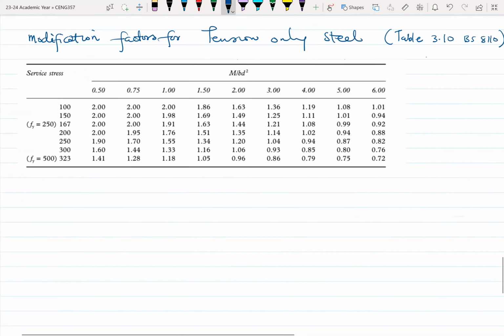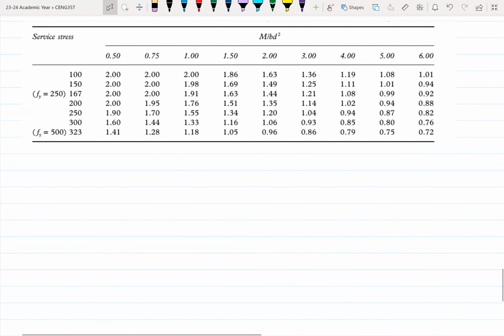All right. So we have fy of 250 and fy of 500. So mostly that's where we look. Normally for slabs we use mild or high yield, depending on whatever we're trying to do. All right. So these values are gotten using that approach.